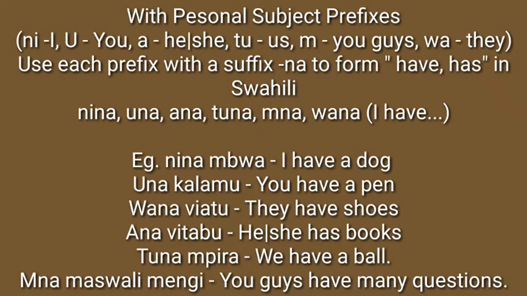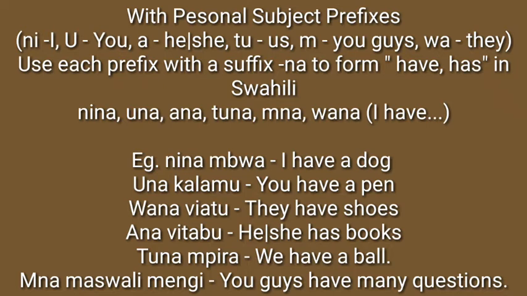With personal subject prefixes, of course, the a-wa noun class is the class for people, and people have personal subject prefixes like I, you, he, she, you guys, they, us. Those prefixes in Swahili are ni, u, a, tu, m, wa. If you want to know more about those personal subject prefixes, please check the video suggested above.